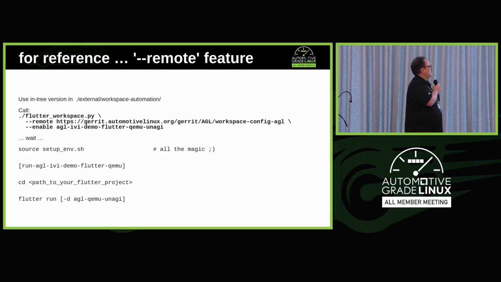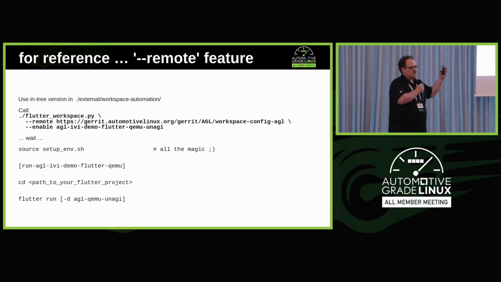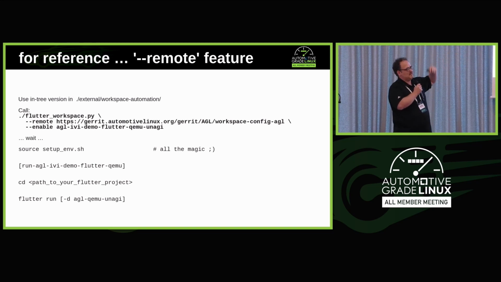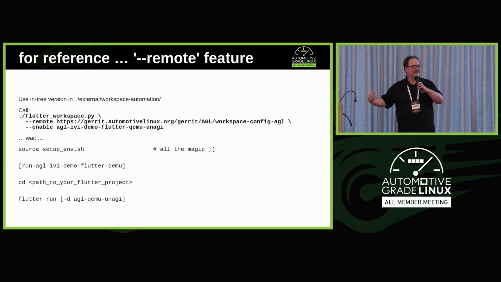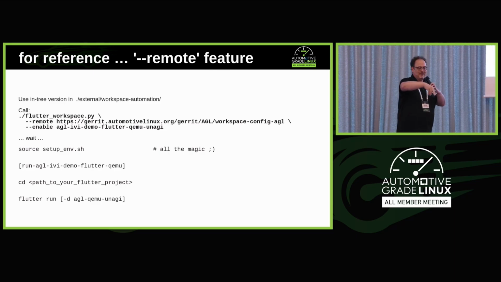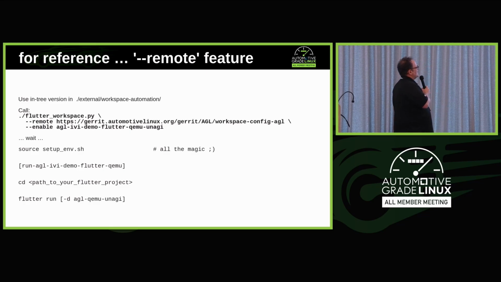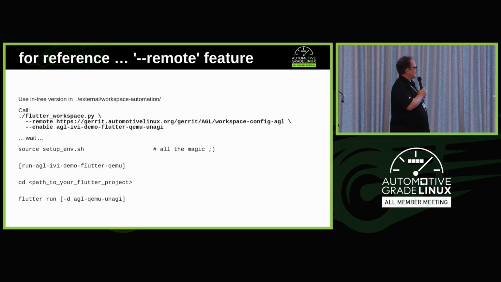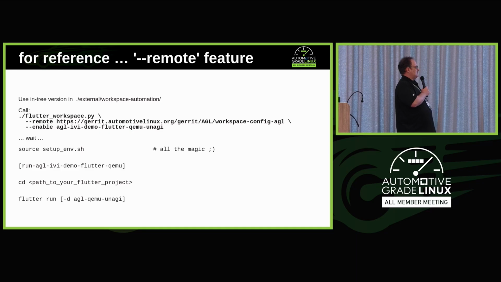And on top, as we pull this down directly from upstream, we used to deploy configs in upstream Meta Flutter, but that's a chicken and egg problem because we need to release AGL to write the final config, right? So we decoupled that. That's why there is now a workspace configuration repo, and that can be pulled in with the remote flag in Flutter Workspace.